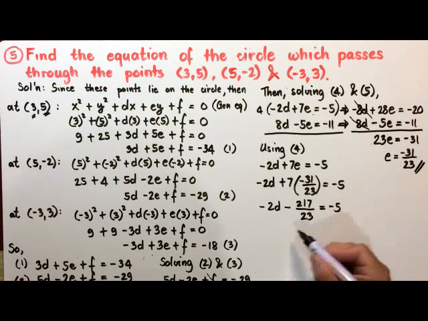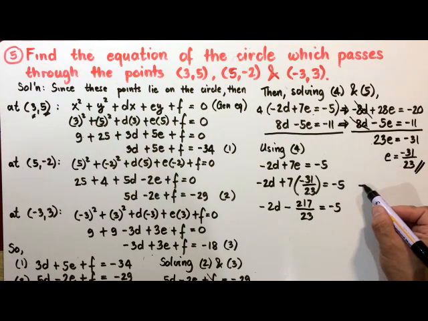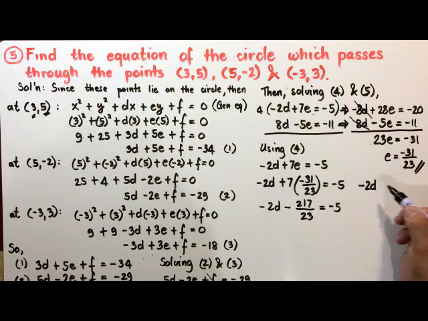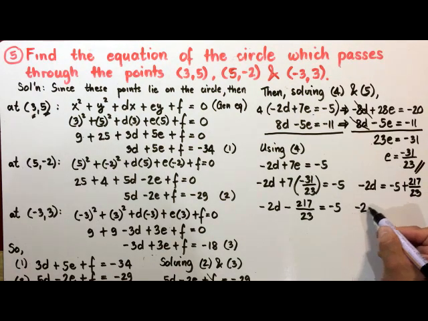Now solving further, that is negative 2d, which is equal to negative 5, adding both sides by 217 over 23. So negative 2d, if you add this negative 5 and that fraction, that becomes 102 over 23.